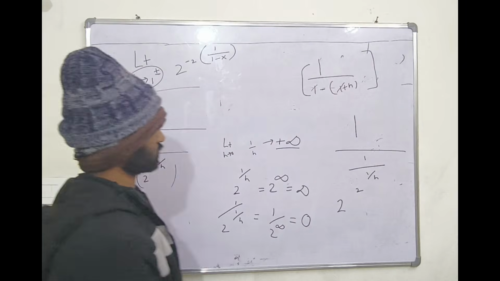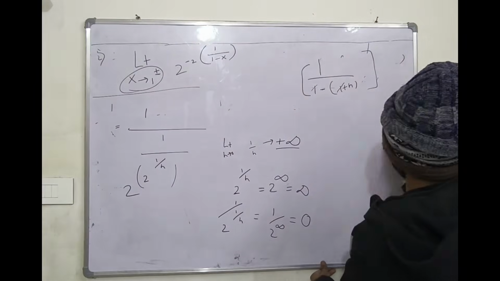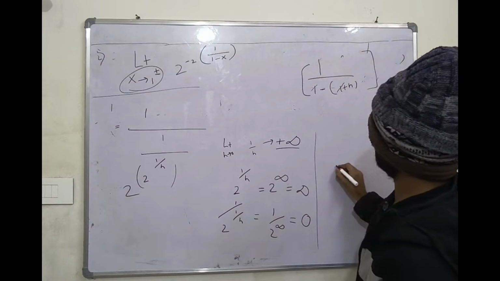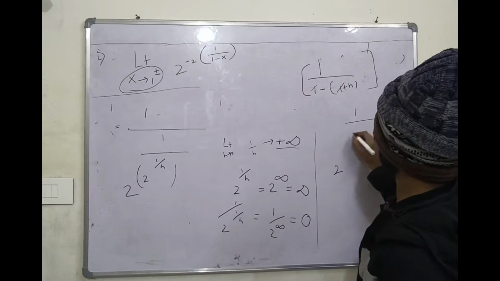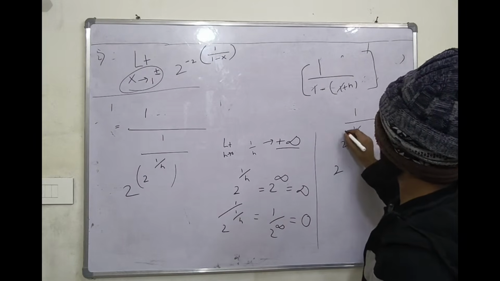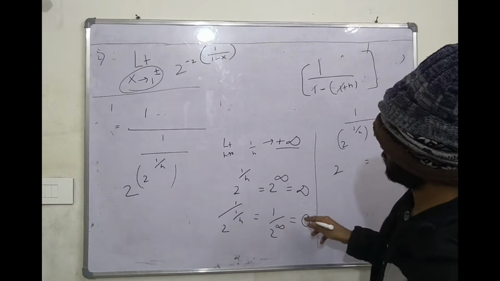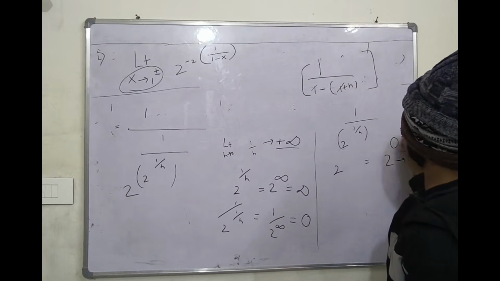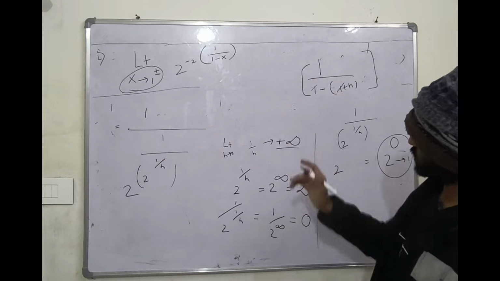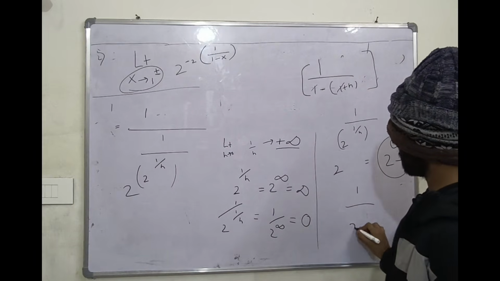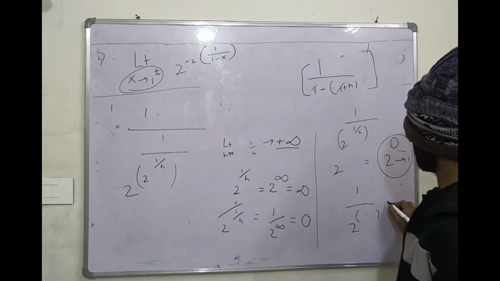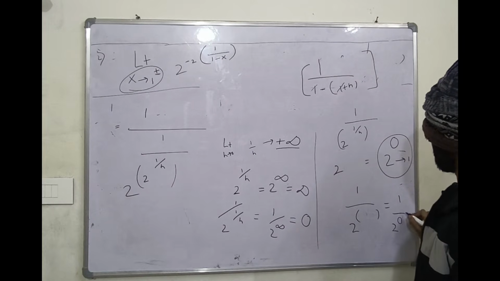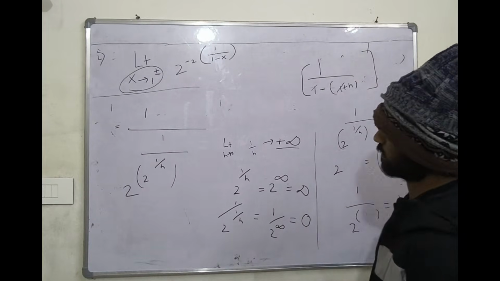And again 2 power 1 by 2 power 1 by h equals 2 power 0, tending to 1. So our question is 1 by 2 power 0, which equals 1.